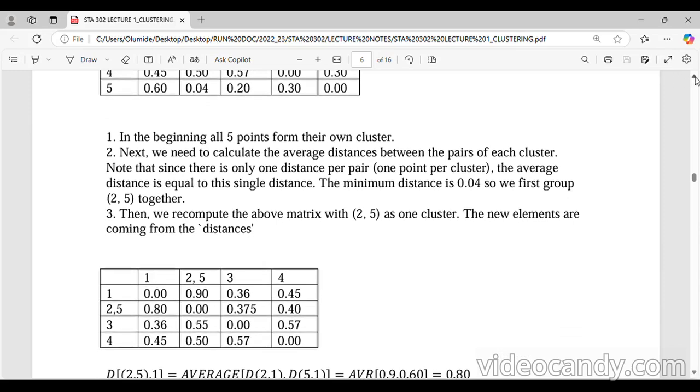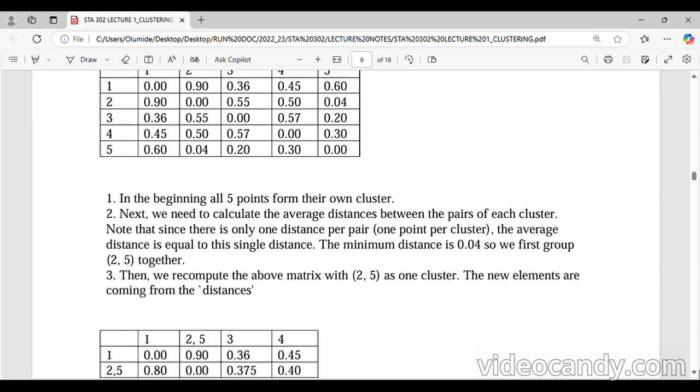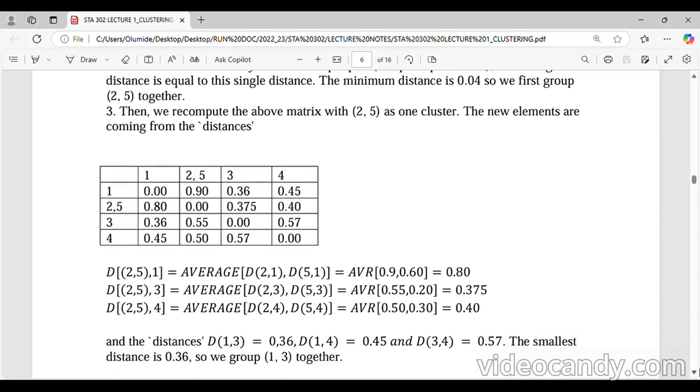Having observed from the table, the minimum distance is 0.04, which can be found between 2 and 5. Then we recompute the matrix. Therefore, 2 and 5 will form one cluster. So the new elements are 1, 2 and 5, 3, and 4, both across and down the table.